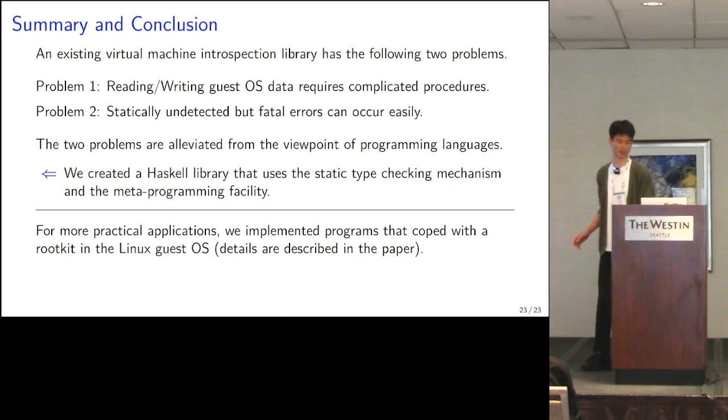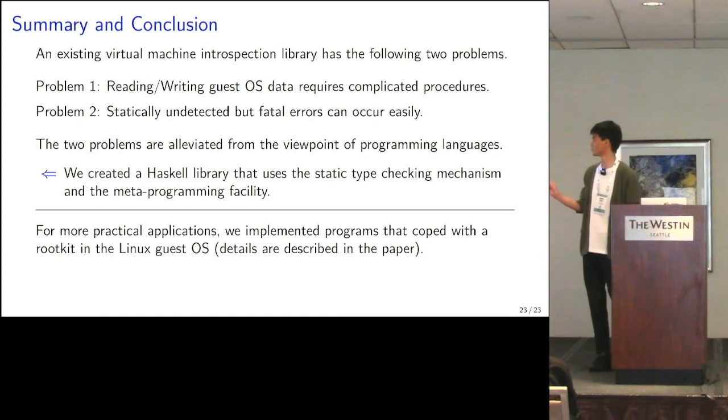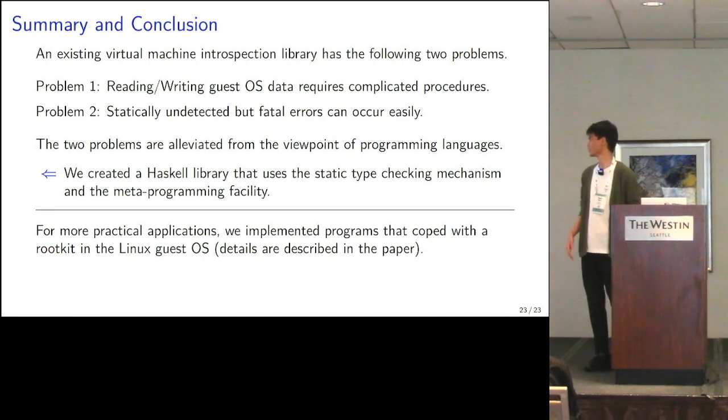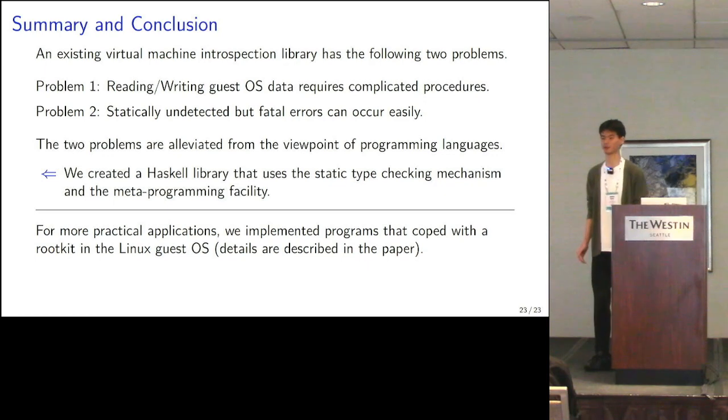This is done by creating a Haskell library that uses the static type checking mechanism and the metaprogramming facility. Also, we implemented programs that coped with the rootkit in the Linux guest OS. If you're interested, please see our paper. That is all for this talk. Thank you for listening.